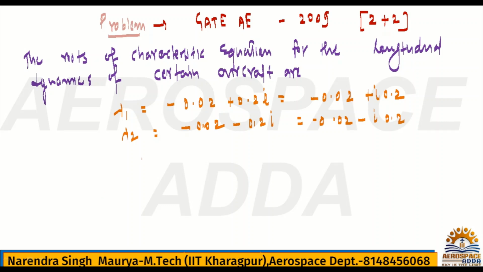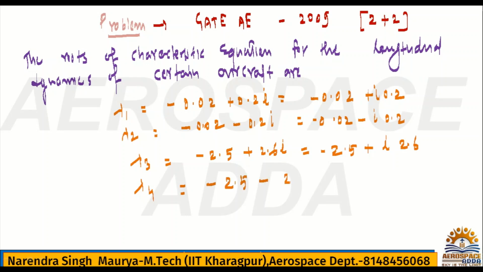The third root, lambda 3, is minus 2.5 plus 2.6 I, meaning minus 2.5 plus imaginary 2.6. And one last root, lambda 4, is minus 2.5 minus 2.6 I, meaning minus 2.5 minus I 2.6.